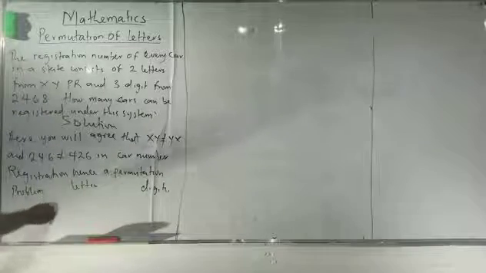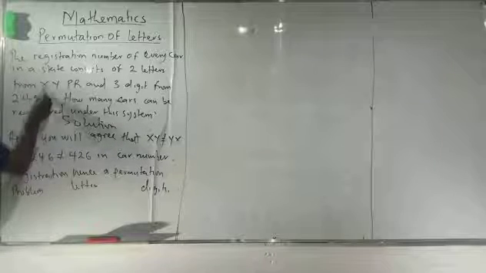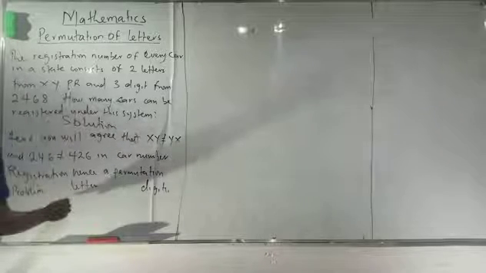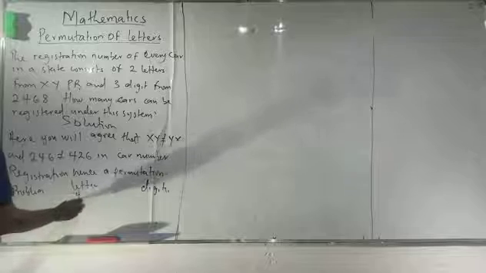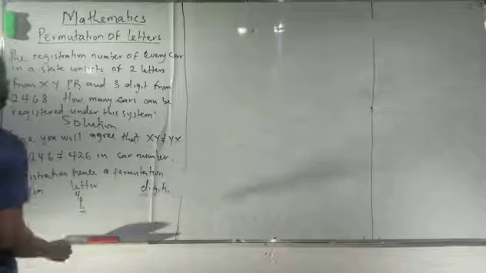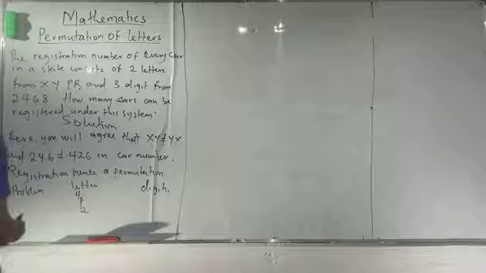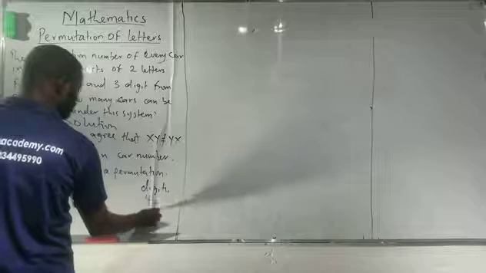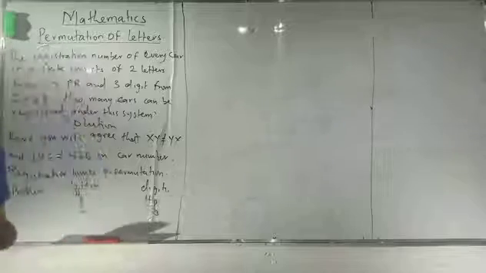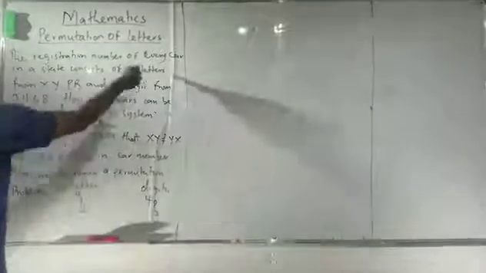Now, what is letters? We have 1, 2, 3, 4, which is 4 permutate 2. What is digits? 1, 2, 3, 4, and we are picking what? 3. It means 4 permutate 3, because we are taking 3 digits. Here is 2 letters.